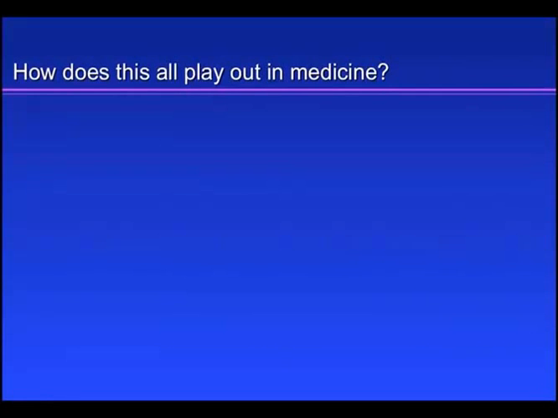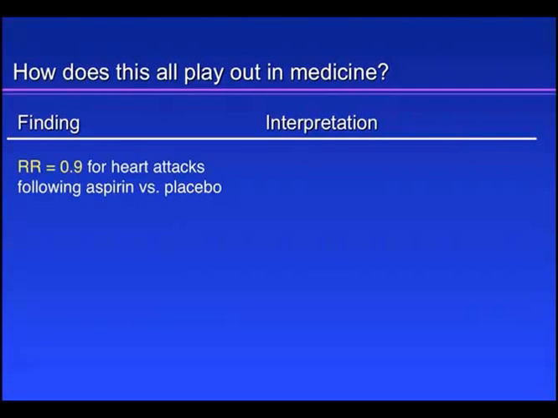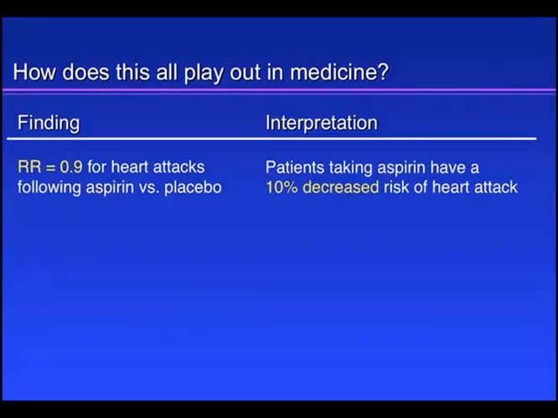How does this all play out in medicine? Well, I'll give you a finding. RR equals 0.9 for heart attacks following aspirin versus placebo. How would that be expressed as a percent change? It'd be expressed as saying patients taking an aspirin have a 10% decreased risk of a heart attack. 1 minus 0.9 equals 0.1, or a 10% decrease.